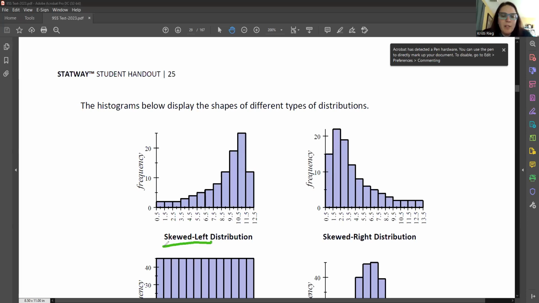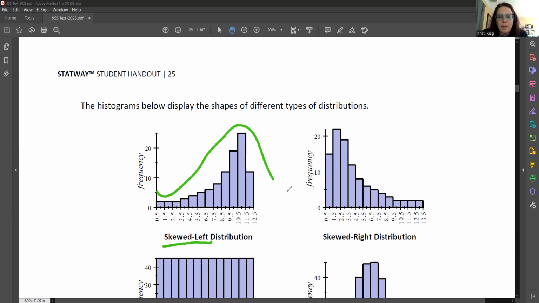You'll notice here we have a picture, and it kind of goes up. It does eventually come down, but overall it's not a bell-shaped curve. It's definitely lopsided, whereas skewed to the right is also lopsided, but in the other direction.